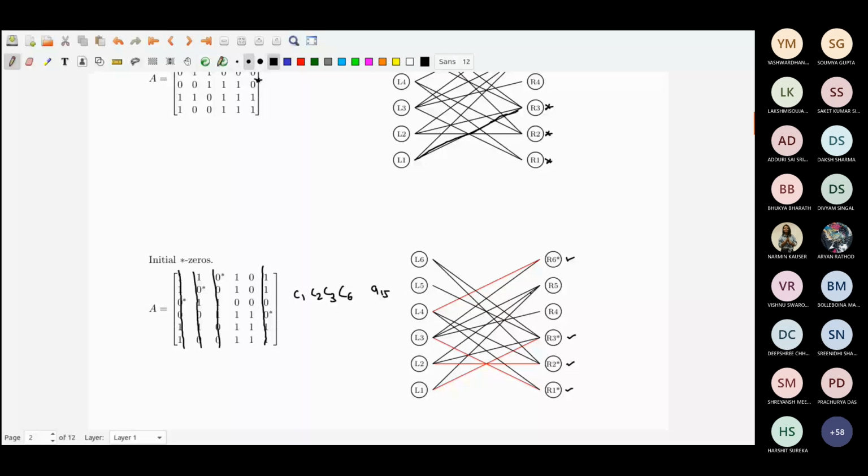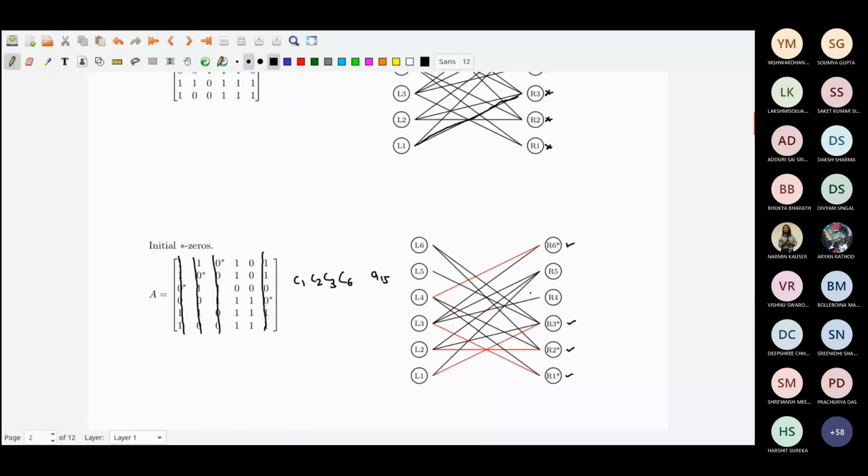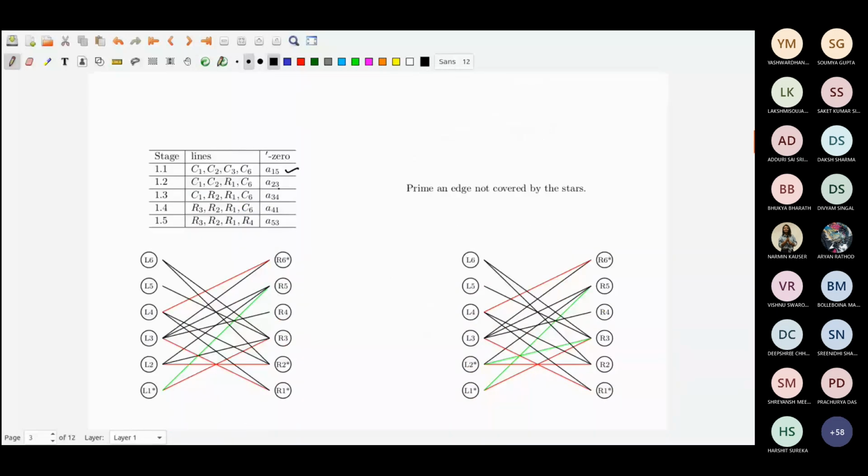Essentially, it is saying that. Okay, fine. So I choose A15 now. Now I have chosen A15.